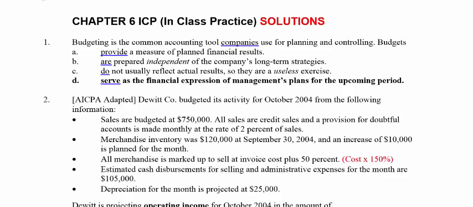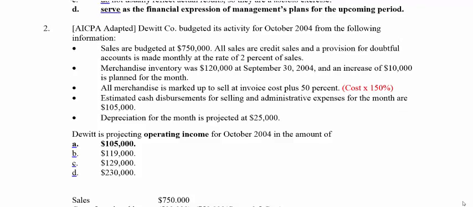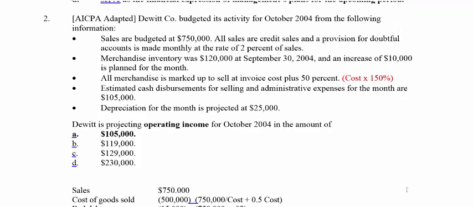On number 2, you have hopefully learned by now that when you are working on accounting problems, many times the first thing you need to do is read the question. If we go down and look, they want us to calculate their projected operating income for October 2004.